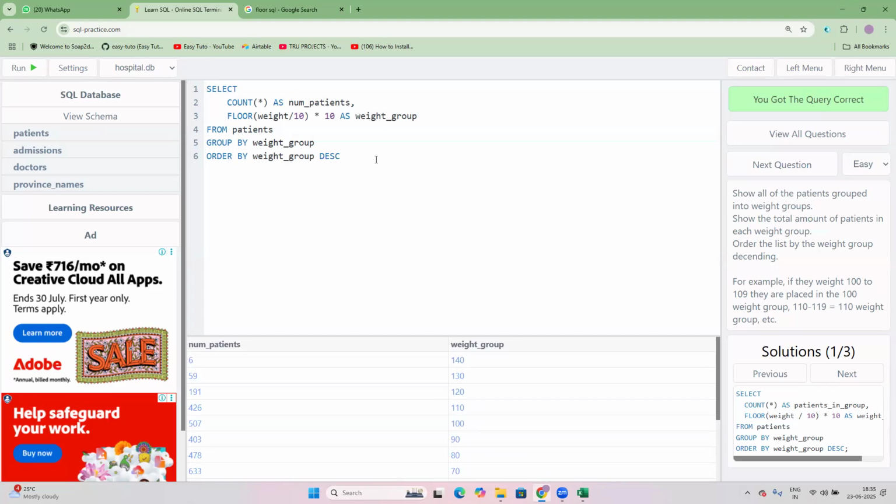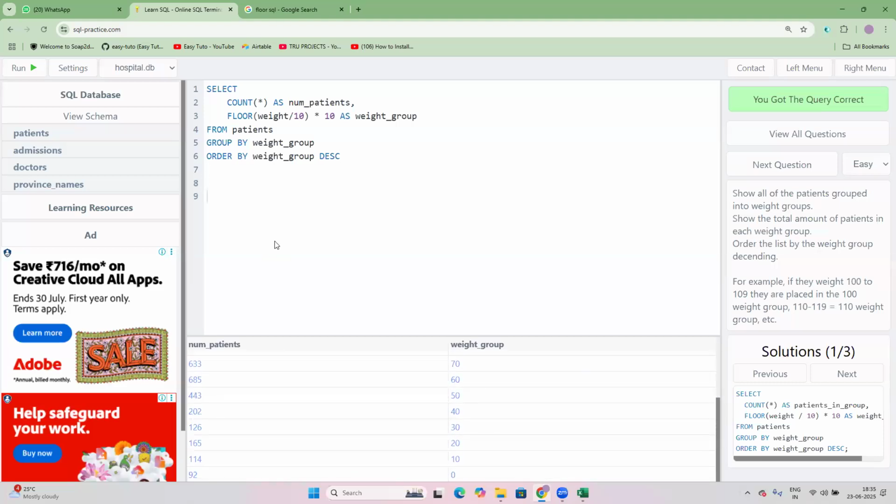Jay, so this is one way of writing. One more way is using a case statement, with when and then. Exactly. But you'll have to write many cases, about 14 cases.